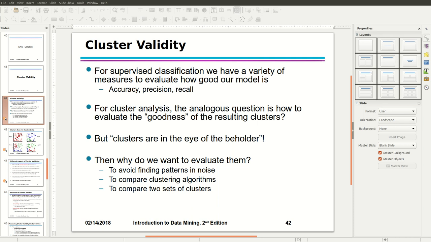So when we have cluster validation, we need to understand the clustering tendency of a set of data. We may want to determine that, so that we can tell that non-random structures exist in the data. We may want to compare the results of a cluster analysis to externally known class labels. This is the case if it is supervised.